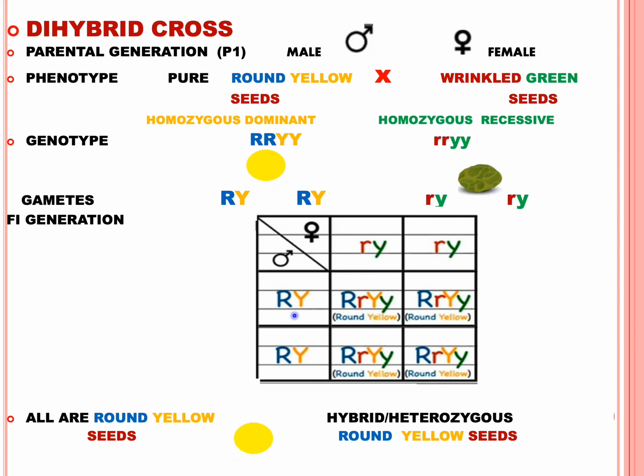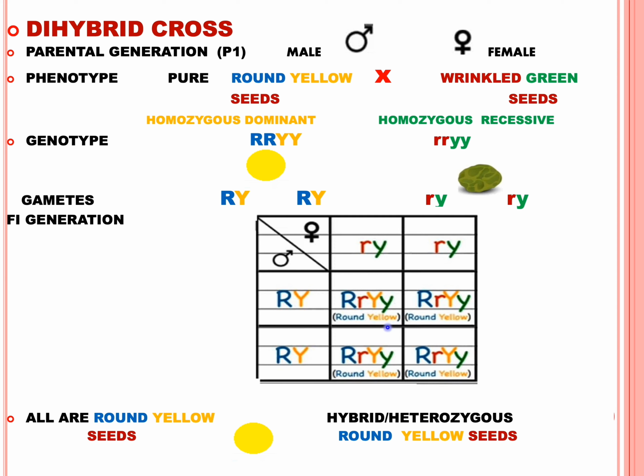And if this male gamete fuses with this female gamete, again the plants raised from this combination would bear round shape of seeds with yellow color.